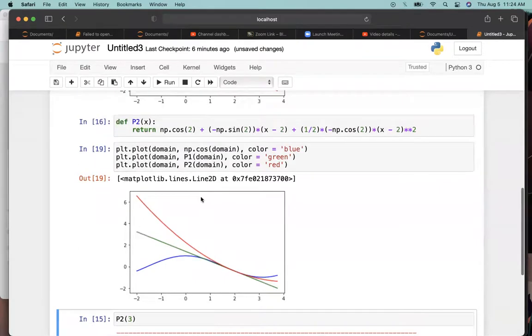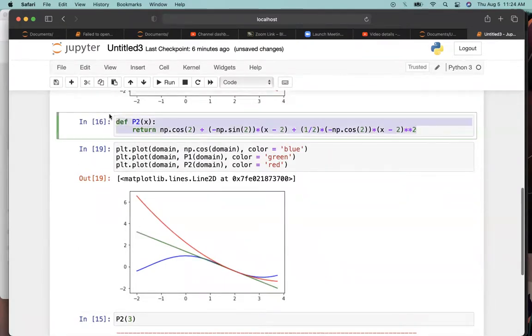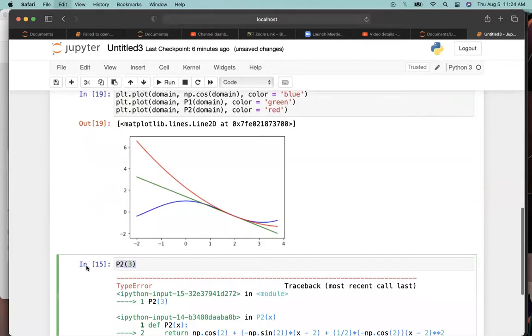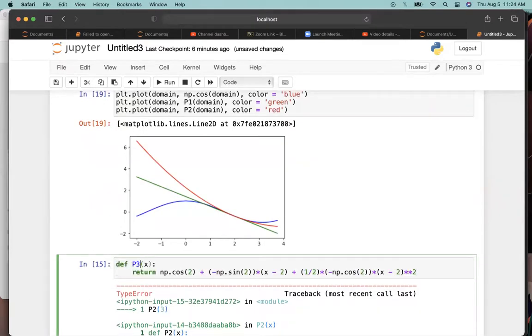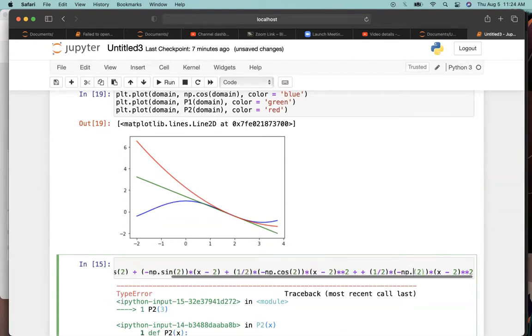So let's make another one. Let's make a third order approximation and call it P3. We take the third derivative, it's going to be positive sine, getting rid of the negative, and now we divide not by 2, but by 6, which is 3 factorial.